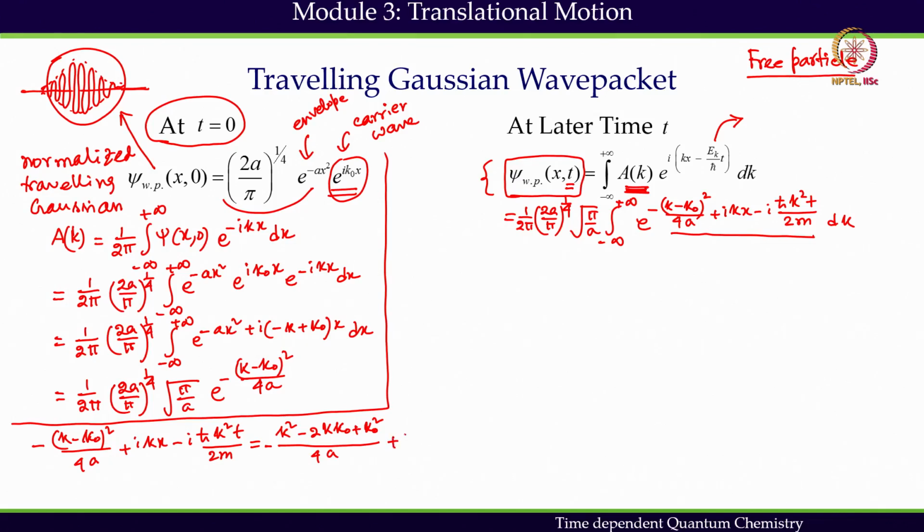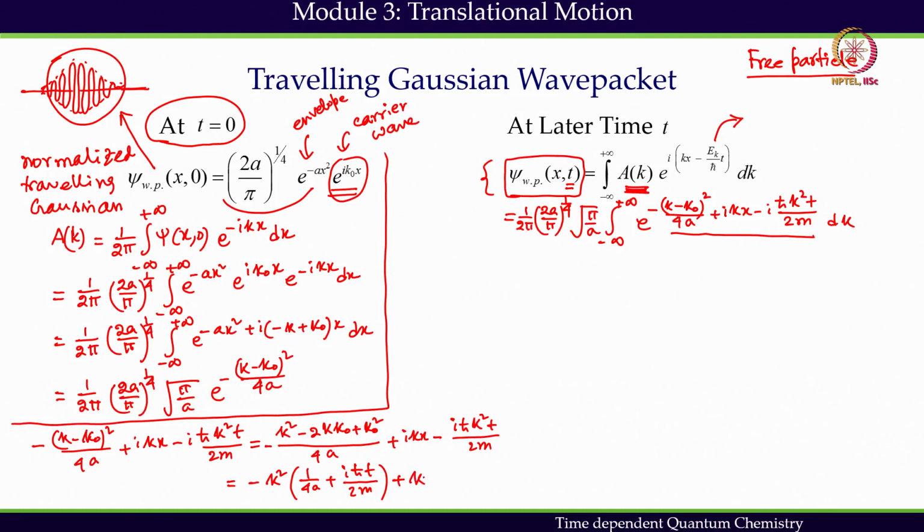Then I have plus i k x, and then I have minus i h cut k square t divided by 2m. So this can be written as minus k square within bracket 1 by 4a plus i h cut t by 2m.